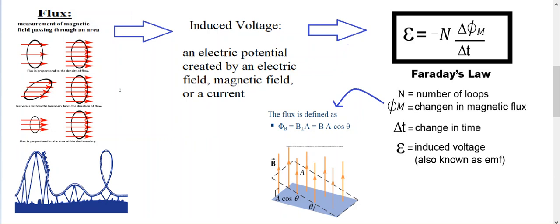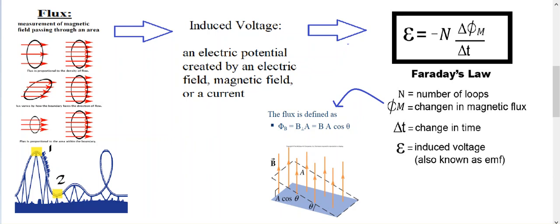Flux varies by the boundary facing the direction of flow, and flux is proportional to the area within the boundary. So to connect this to our analogy, if we were to measure flux at the top of the roller coaster versus at the bottom of the roller coaster, we would find that flux is much higher at 2 rather than 1 because there's more wind, there's more change in the amount of wind at position 2.